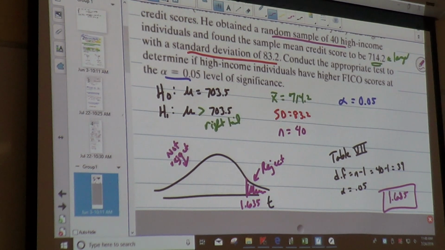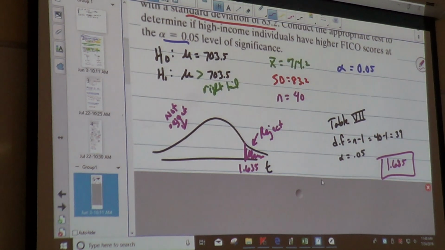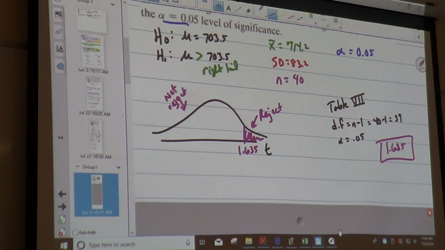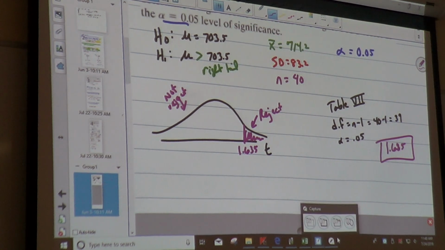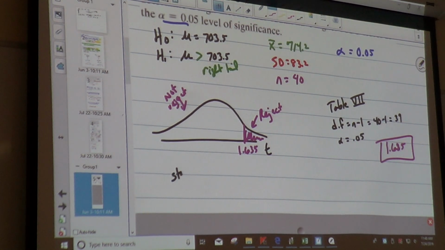So now I need to find that other value, that data value. So I'm going to go into my calculator, and I'm going to do stat test number 2, which is your t-test.